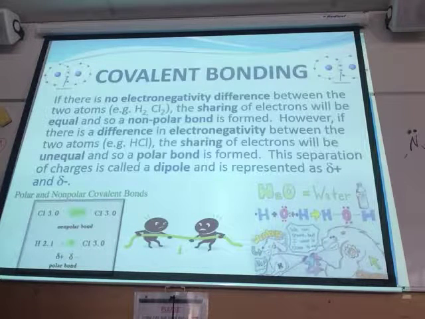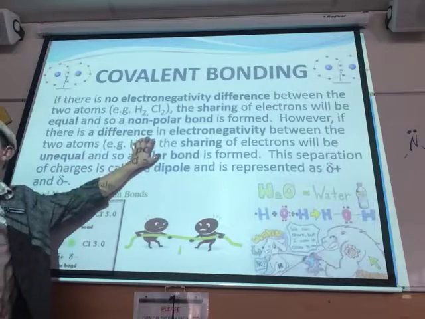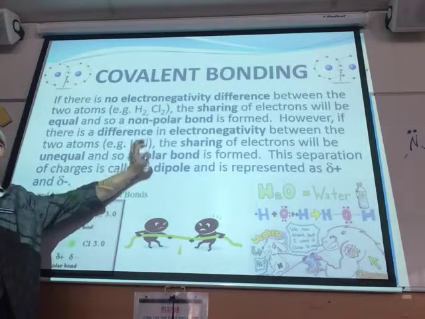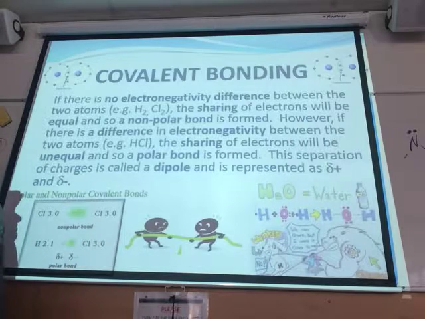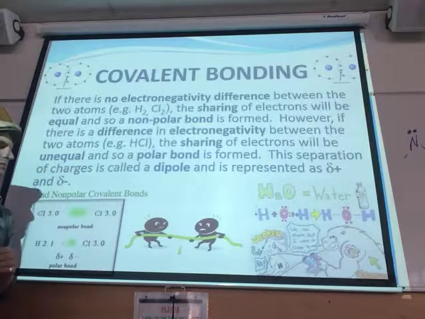So why am I explaining about non-polar bonds? Because we need to look at what a polar bond is. If there is a difference in the electronegativity, if there are two different elements on that bond, okay, the sharing of the electrons is going to be unequal.